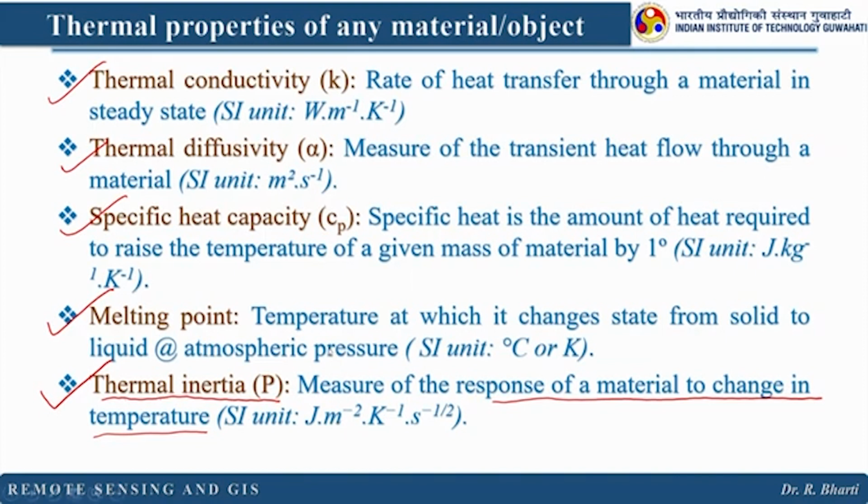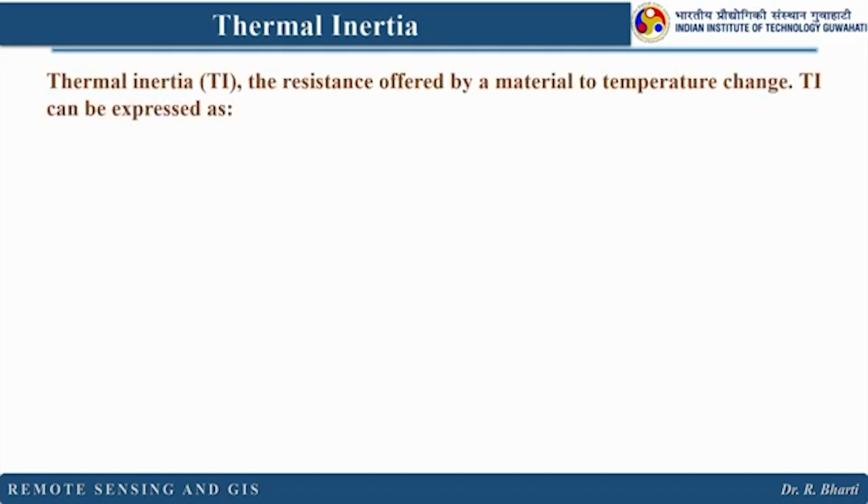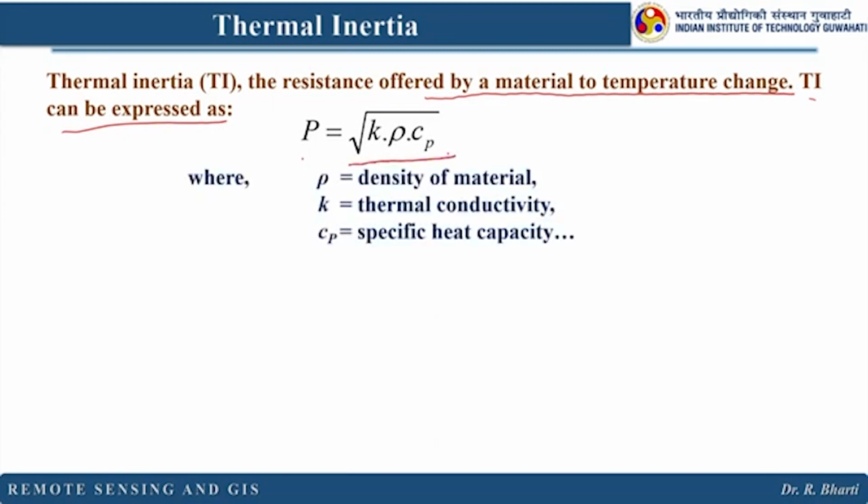How inert it is with respect to change in the temperature, right? Now we will see how we can derive this thermal inertia information from our satellite remote sensing data in the thermal region. Thermal inertia is the resistance offered by a material to temperature change, and TI can be expressed as this, where density of material, thermal conductivity and specific heat capacity are used.